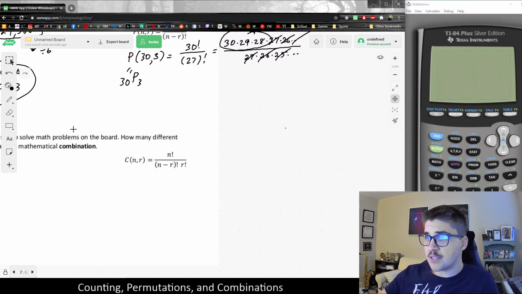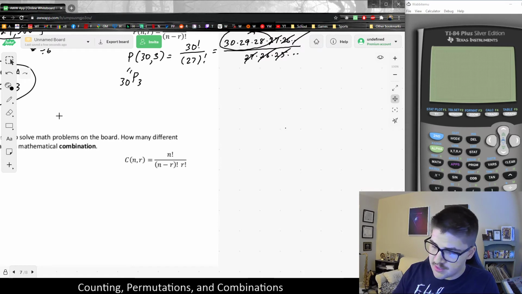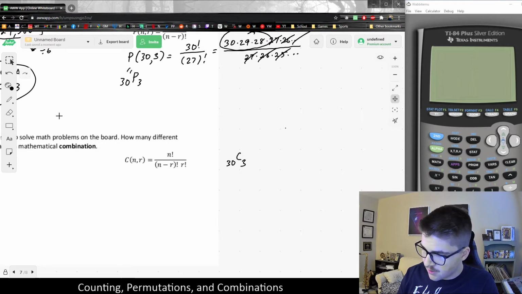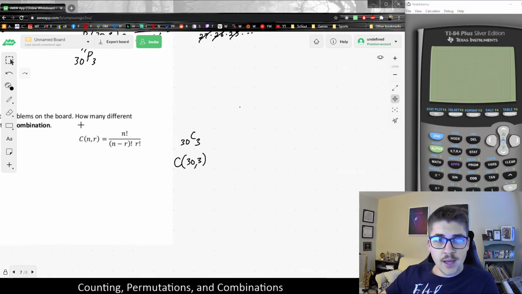So let's use the combination formula to do this. Instead of 30P3, this would be 30C3, or again, often written as C(30, 3), depending on your textbook. Let's use the formula and see how this all works out.